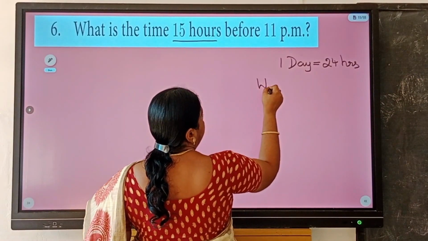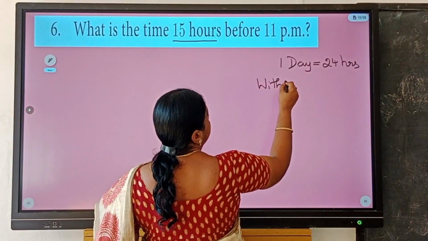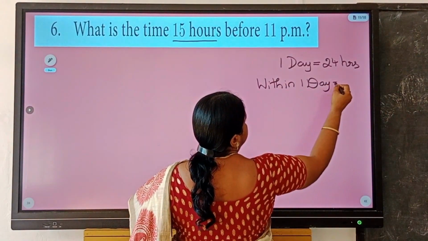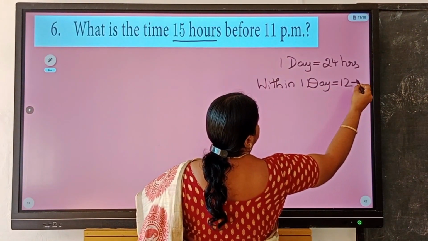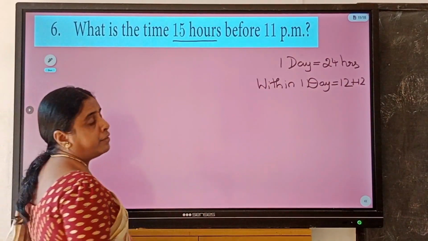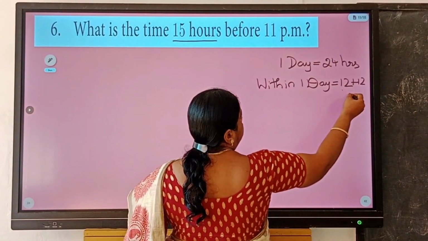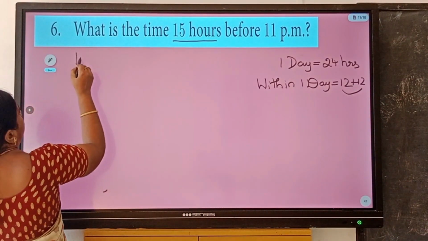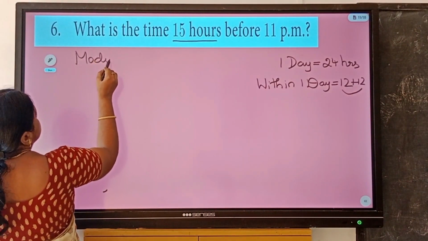But within a day, how do you calculate this? This 24 hours is nothing but 12 in the AM and 12 in the PM. So here you can find the repeated value is 12. So here we will have the modulo as 12.